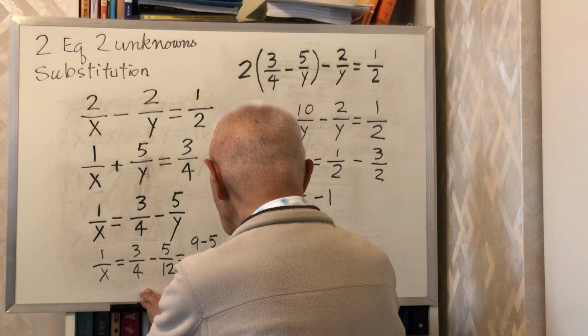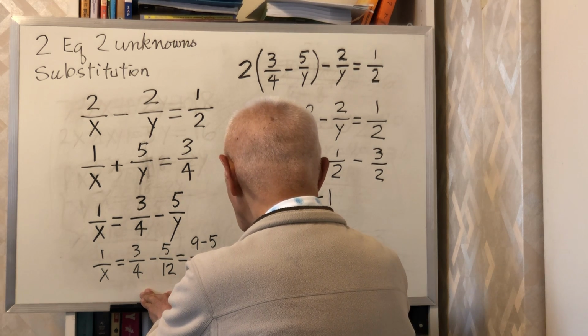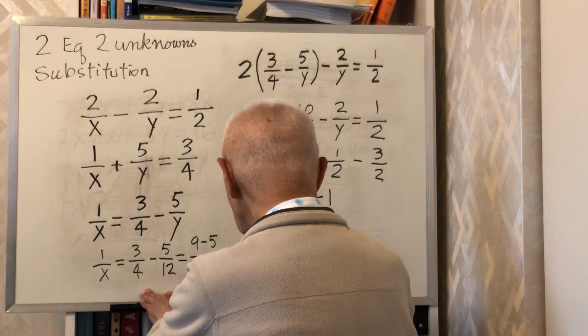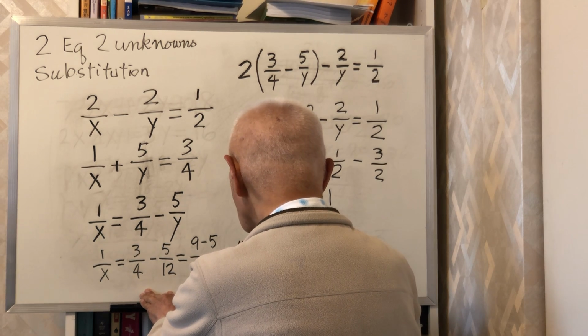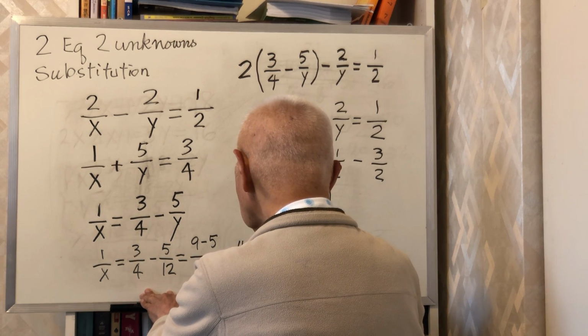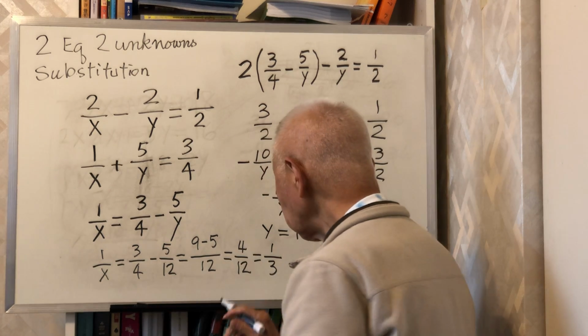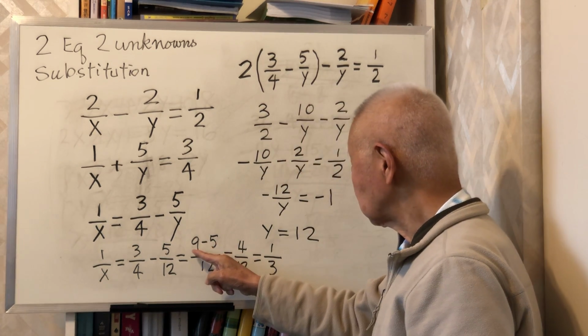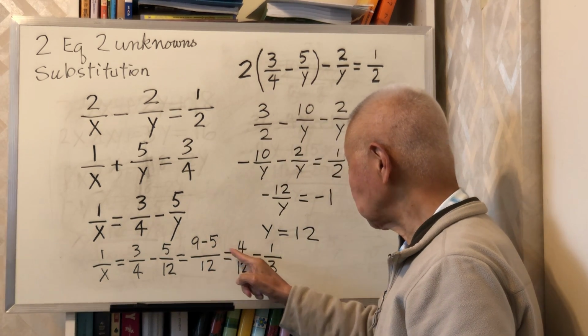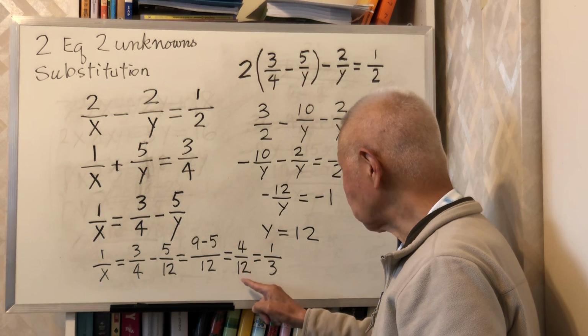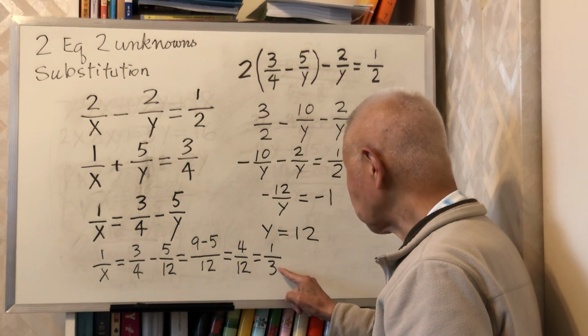Then this should be 4 over 12, and this is 1 over 3, right? 9 minus 5 is 4. 4 over 12 is 1 over 3.